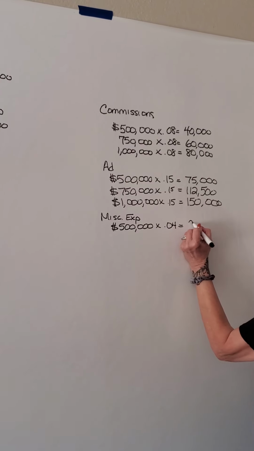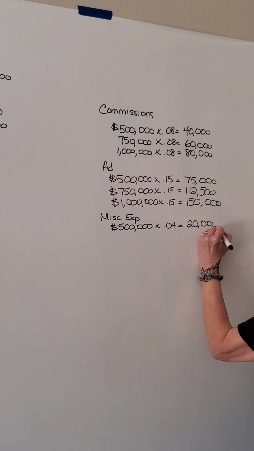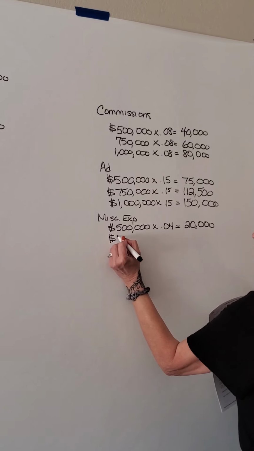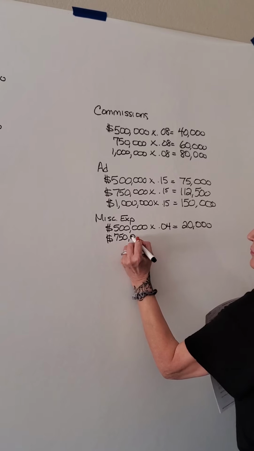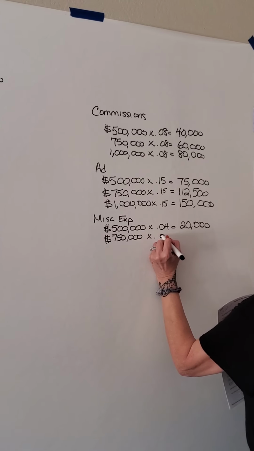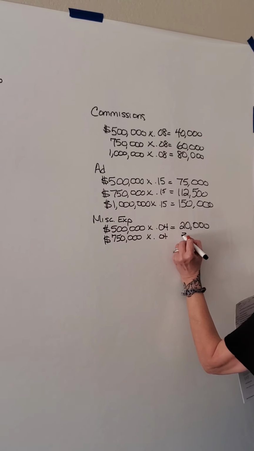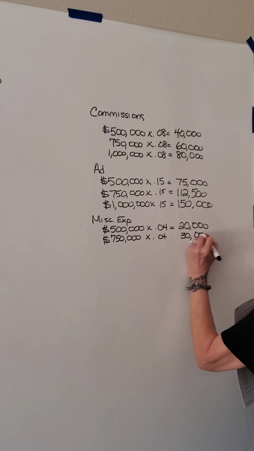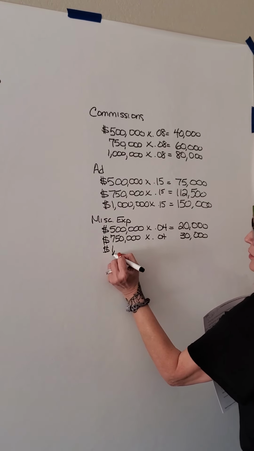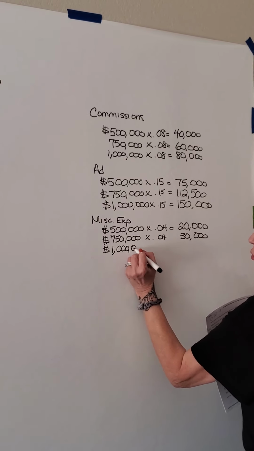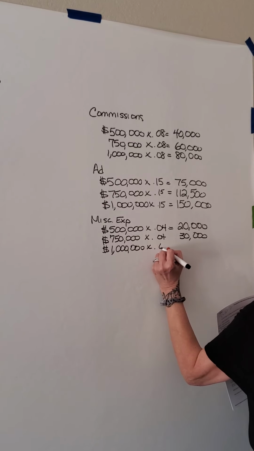That equals 20,000. If we're at 750,000 times 4%, that's going to give us 30,000. And if we're at $1 million, 4% is going to be 40,000.